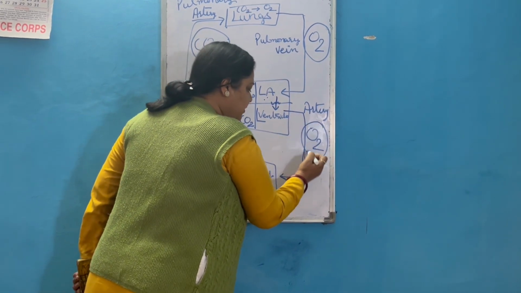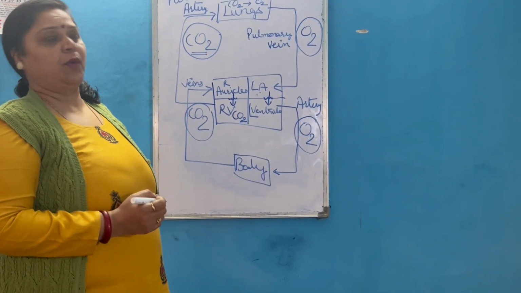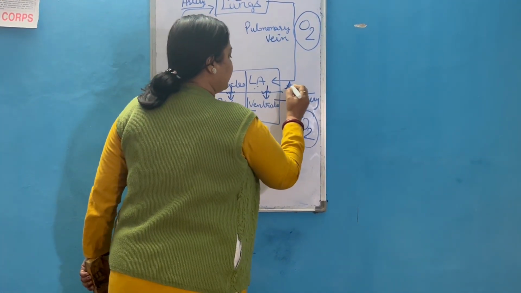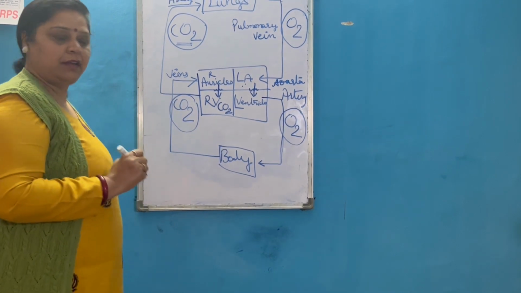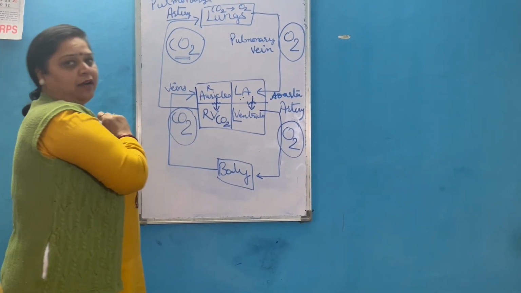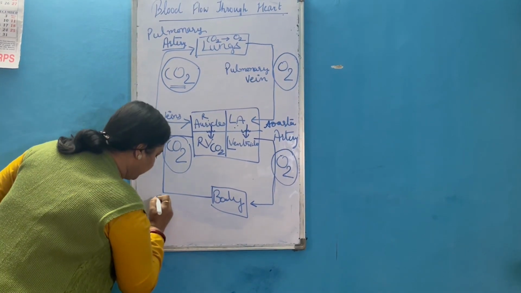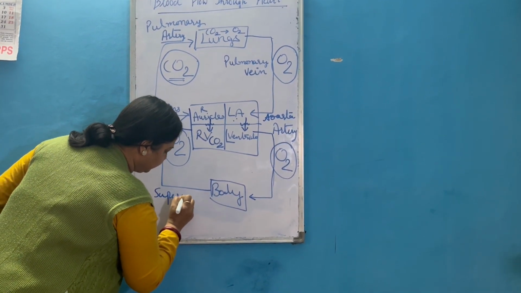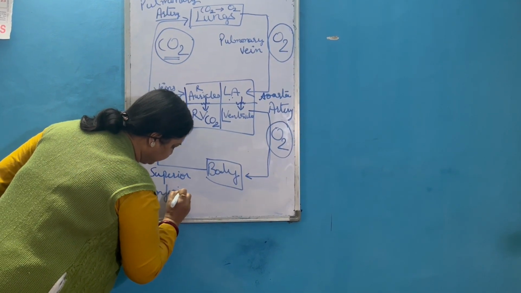The artery which takes the blood to the body from head to toe is the largest one and is called the aorta. Whereas the veins which bring blood back to the heart are divided by nature into two parts: the superior vena cava and the inferior vena cava.